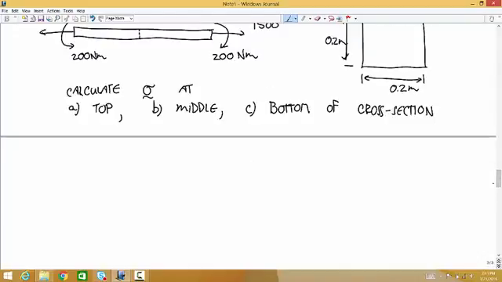Okay, so first let's get the tension part out of the way. That's not going to change based on what point in the cross section we choose. So first we're going to break this up into a stress tensor due to tension and a stress tensor due to bending. So let's start with the tension.